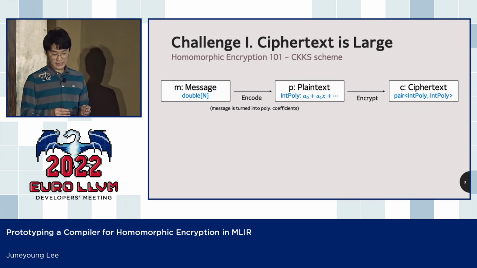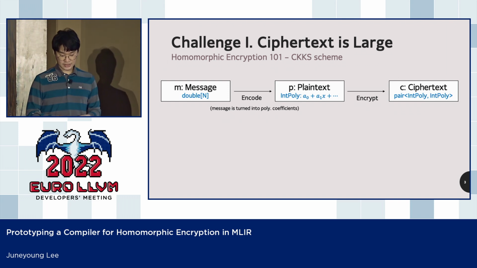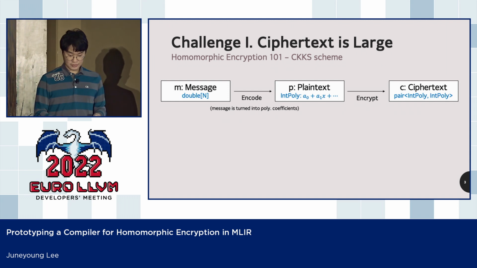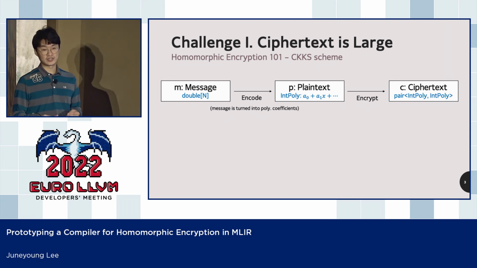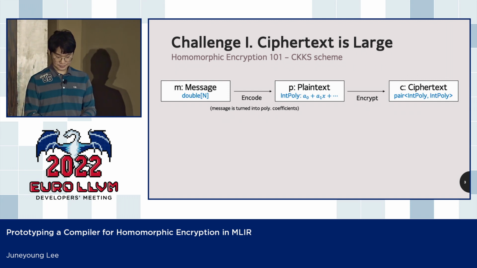And then on the plain text, encryption is done, and a pair of integer polynomials is created. In this pair, the data of the plain text is properly hidden under random polynomials, and you cannot easily recover it because it is known to be a hard mathematical problem.